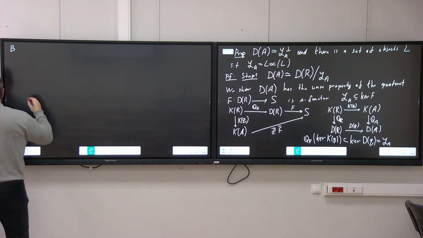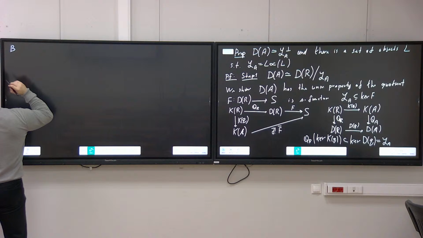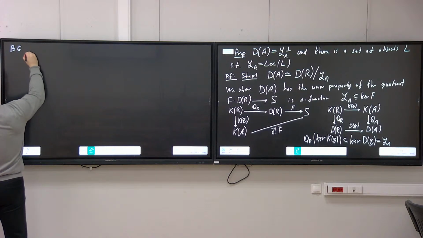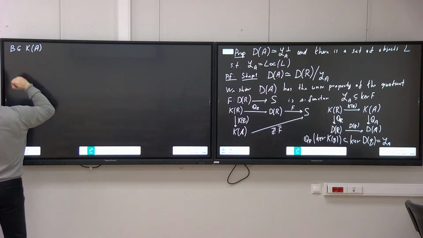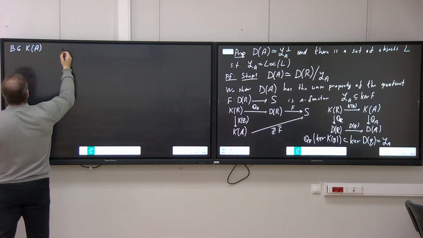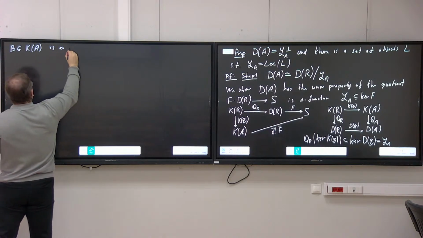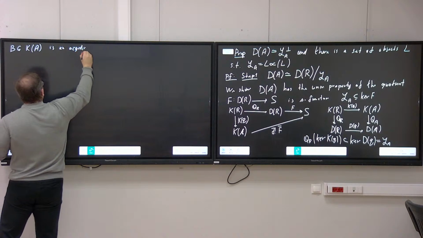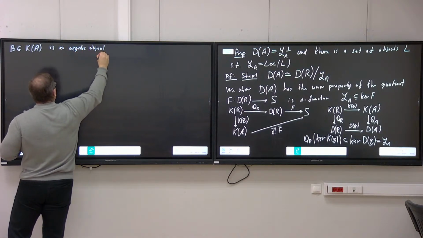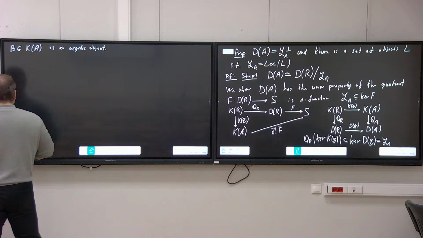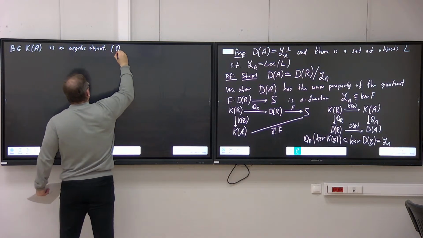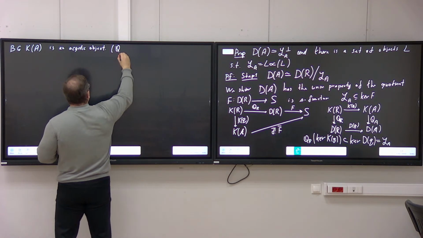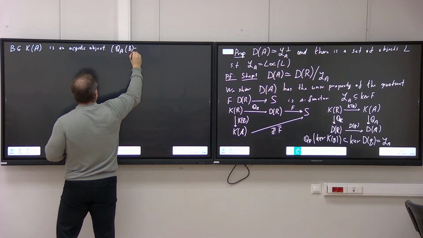To do this, I take an acyclic object, so let B be an acyclic object in the homotopy category. So using formulas, I can simply say that Q_A of B is 0.